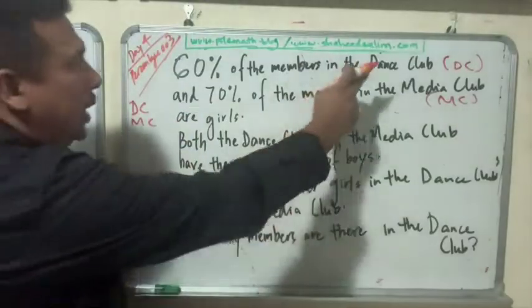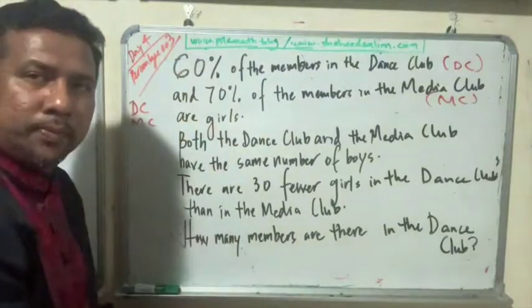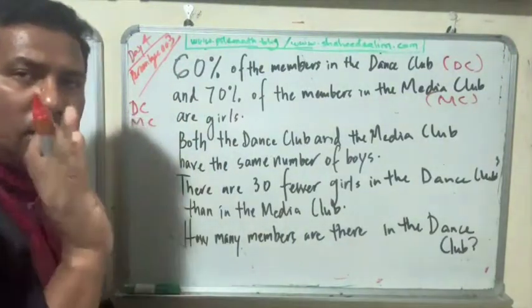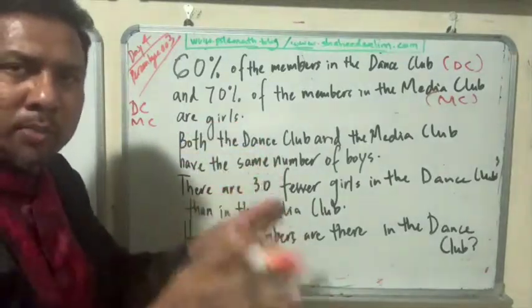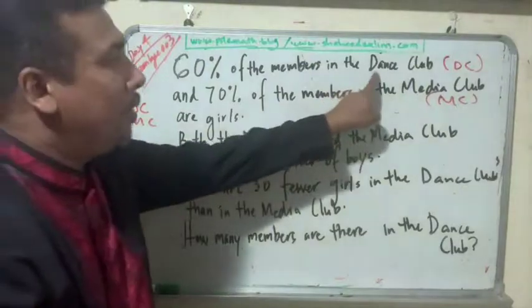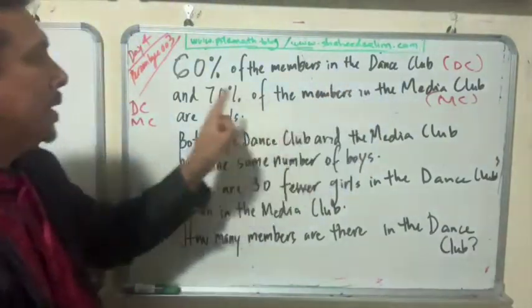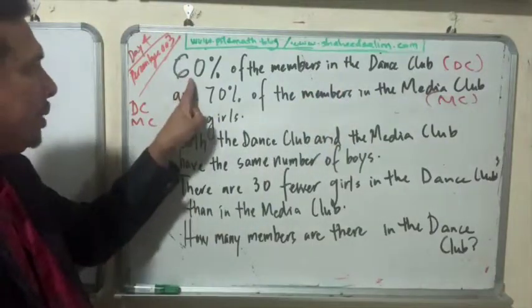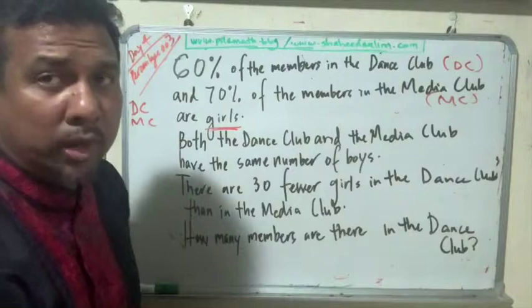So how many percent of the members in the dance club are boys? Now there's always 100% of members. The full membership in the club is 100%. So if there is 100% of members in the dance club and 60% are girls, how many percent are boys?